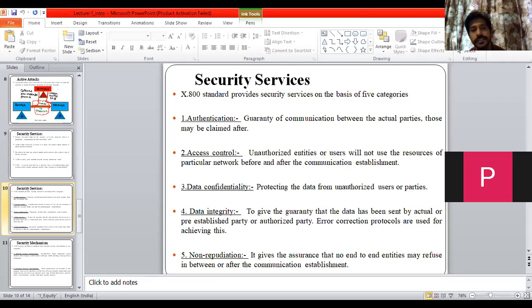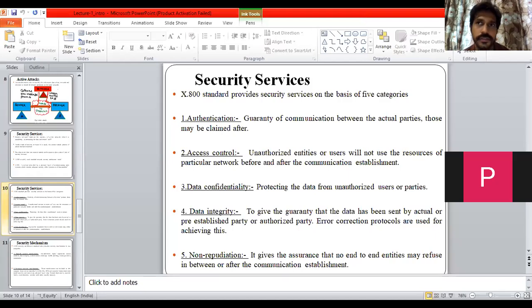Other than this, the users or the administrator may include some other services accordingly, but these 5 are a must. So the very first is authentication. Authentication means it will guarantee communication between the actual parties.